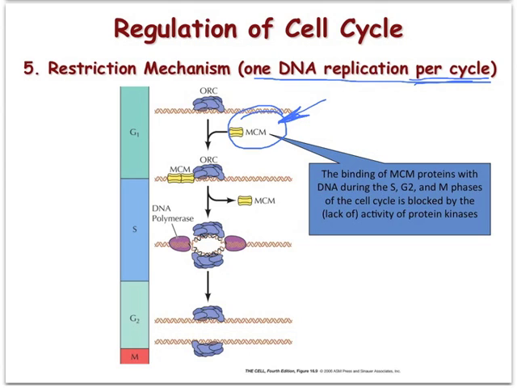So MCM, the helicase responsible for opening the double-stranded molecule during DNA replication during S phase, is active only once per cell cycle, so that the DNA will be allowed to be replicated once and only once per cell cycle.